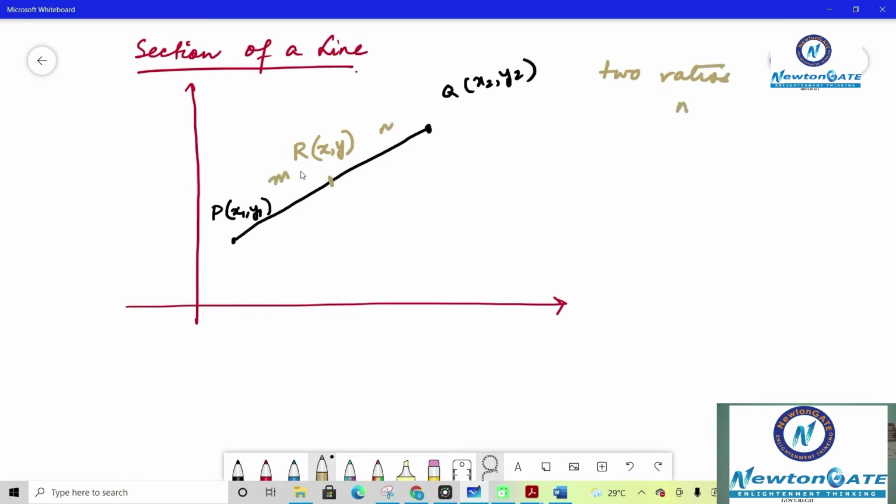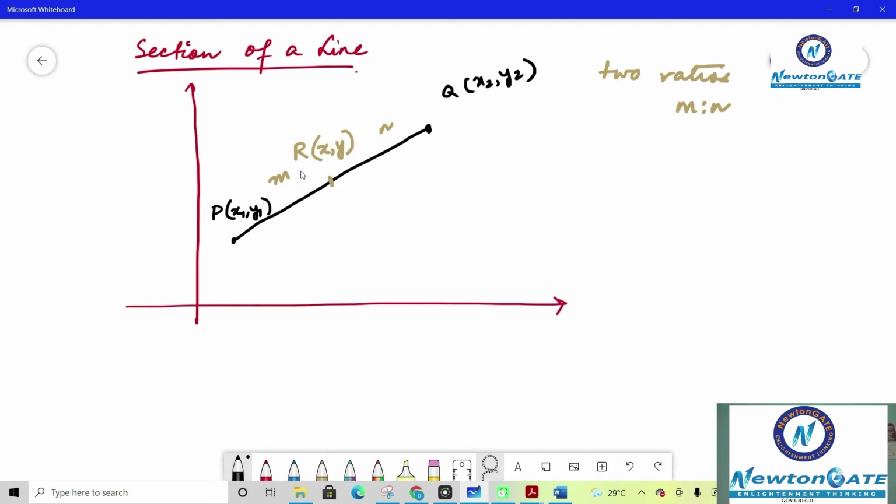The ratio I am saying is m is to n. So, using the section formula, I can find out the coordinates of the point R, x comma y, that is responsible for dividing the line into 2 parts, m and n. Now, how do we get the section formula is what we are going to discuss next.